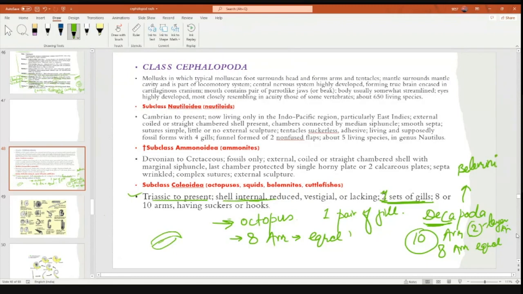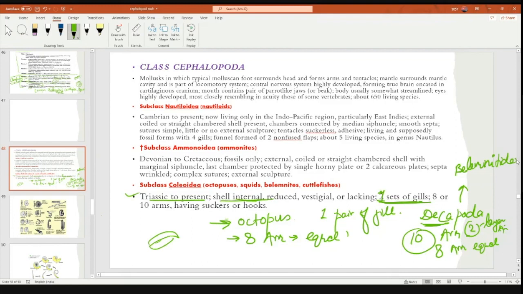Belemnitidia. So this is Belemnitidia. And now this is the subclassification.